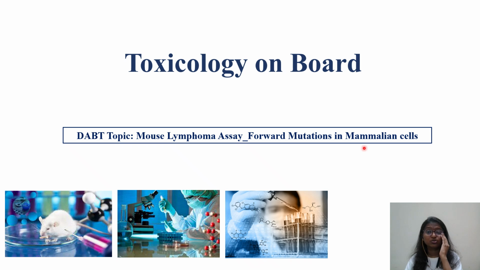In my channel also you might have come across the various types of battery of genotoxicity tests, and which type of assay is detecting what type of DNA damage, whether it is point mutations or forward mutations or chromosomal damage. So there will be different types of assay and specific types of DNA damage it is identifying. So that you have to remember. So from that point of view only, the examiner will frame the questions. So in this video, we will discuss mouse lymphoma assay, forward mutations in mammalian cells.